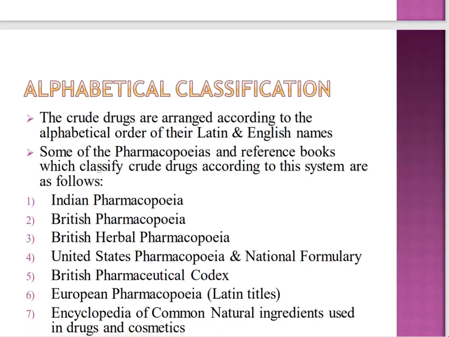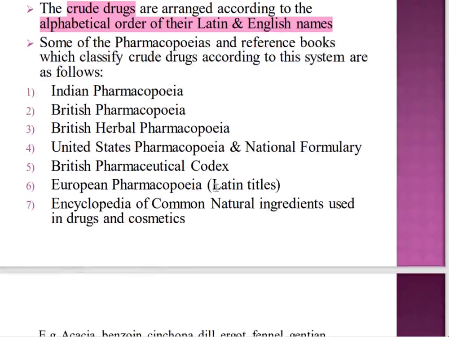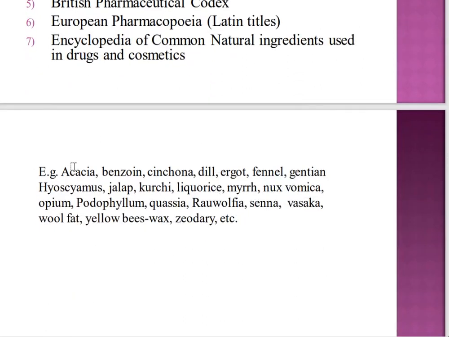All right. Moving ahead to the first, alphabetical classification. In this, the crude drugs are classified in alphabetical order according to their English and Latin names. Some of the pharmacopoeias and reference books have enlisted or classified this. These are the pharmacopoeias mentioned, such as Indian Pharmacopoeia, British Herbal Pharmacopoeia, British Pharmaceutical Codex, European Pharmacopoeia, etc. Now here is an example.